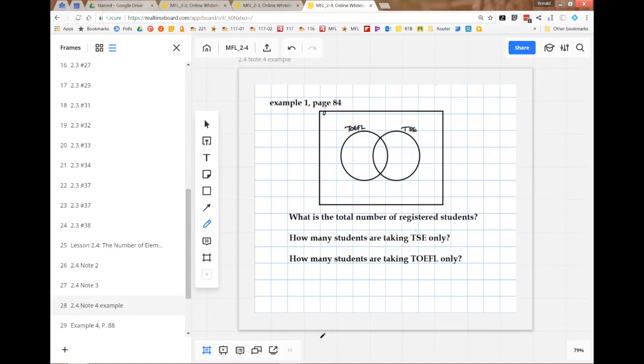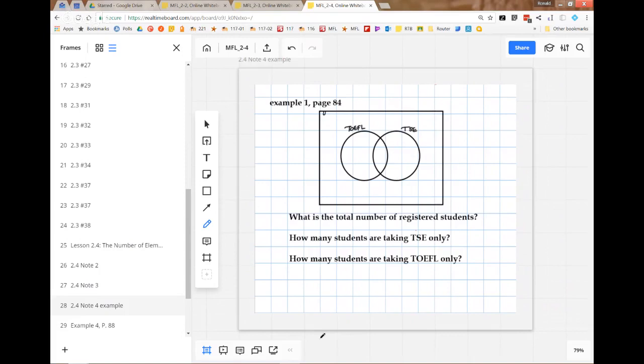Now look at the screen I've sent you. I've drawn a universal set, and I've drawn TOEFL and TSE so that they intersect. How do I take these numbers, 800 for TOEFL, 500 for TSE, and 200 for both, and get them in there so they make sense?